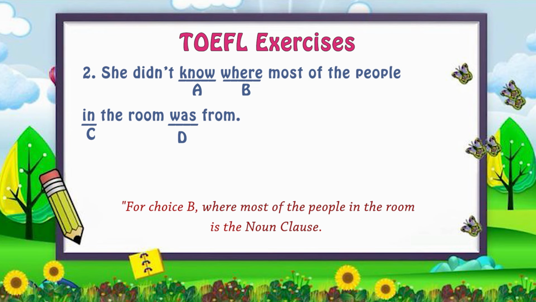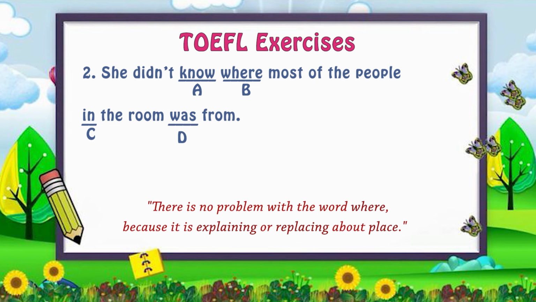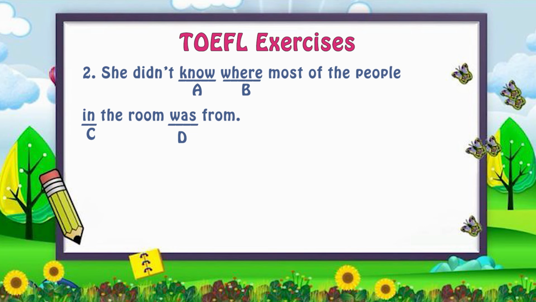This is the noun clause, starting from where until the words the room. There is no problem with the word where because it is explaining or replacing a place. I don't know where most of the people in the room was from, so it explains the place.